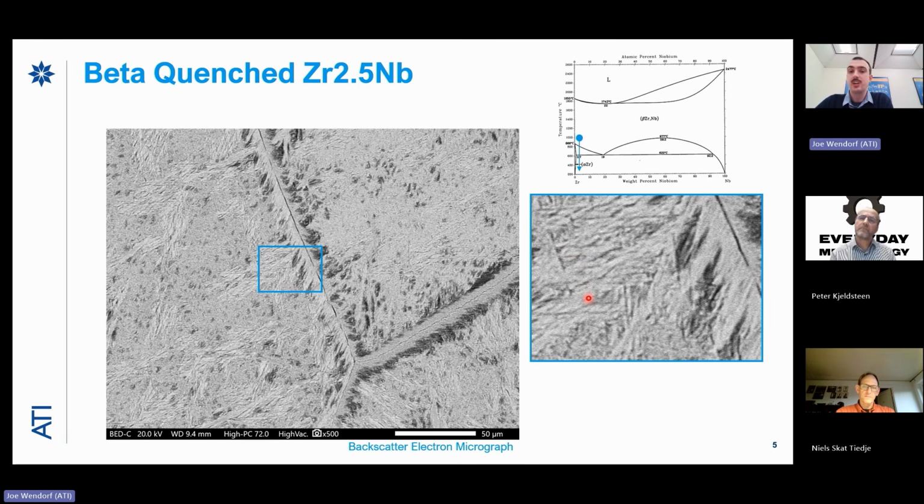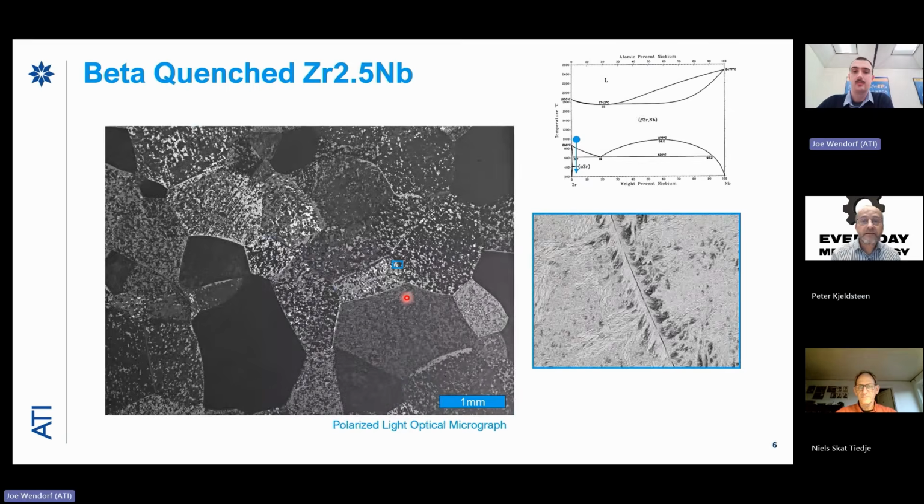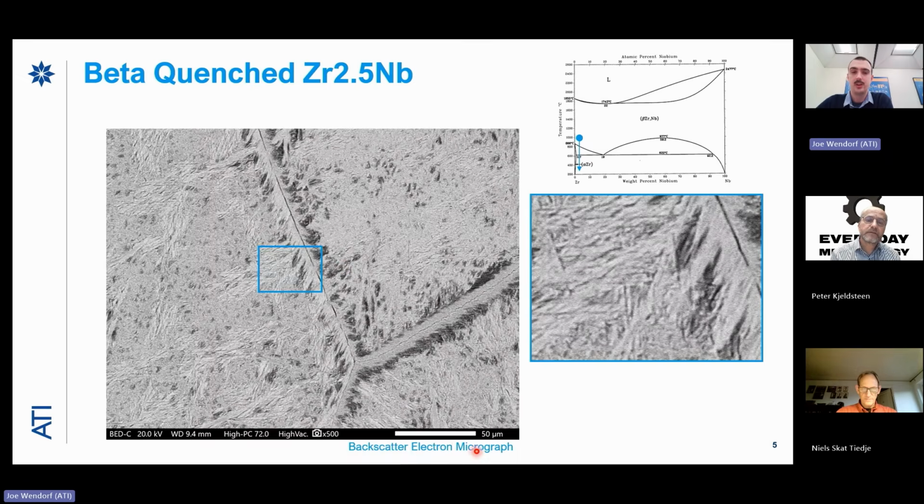And so the explanation for how that happens is actually really fascinating. There's a Martensitic transformation that I've made a little animation to explain. So here if we zoom out, this is an electron microscope micrograph where we see these really fine laths that are a few microns thick.